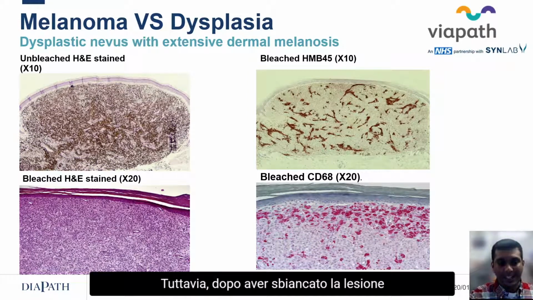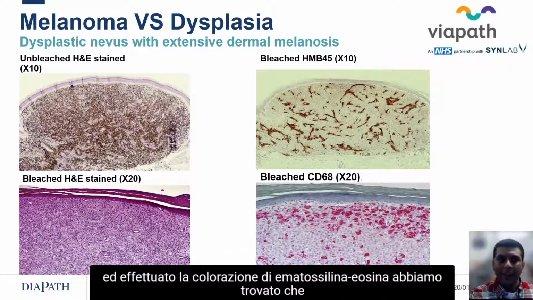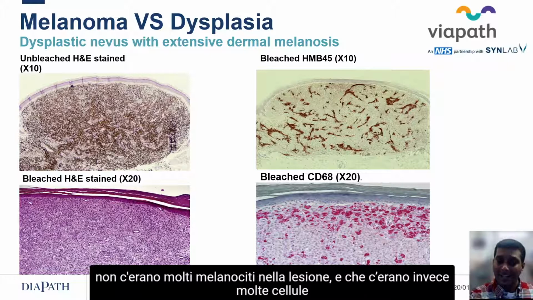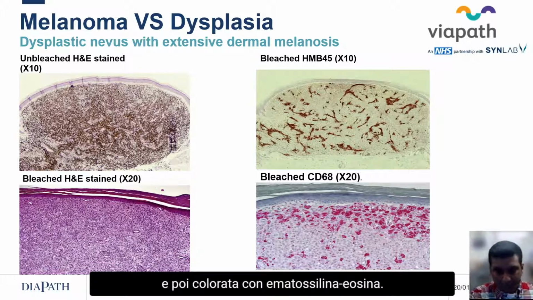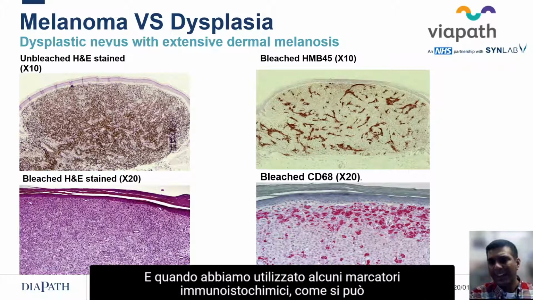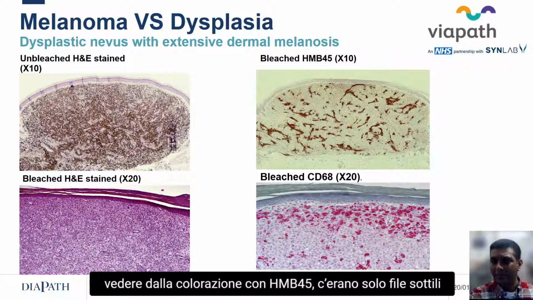However, after we bleached the section and performed a H&E, what we found was there wasn't actually a lot of melanocytes present in the cell, but they had a lot of cells which had a foamy appearance in the bleached H&E section.